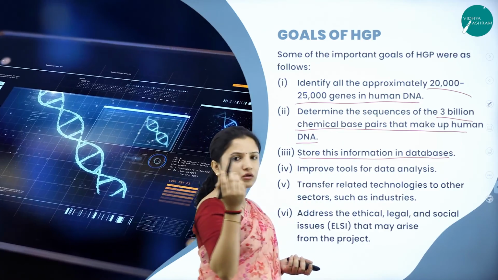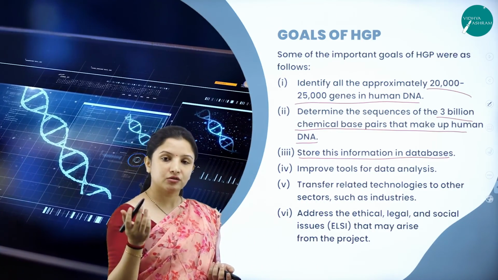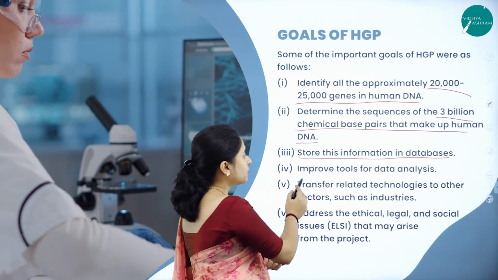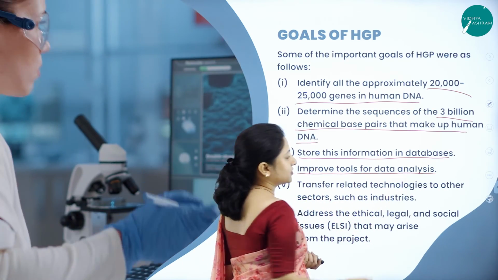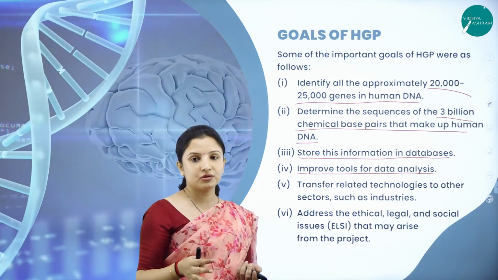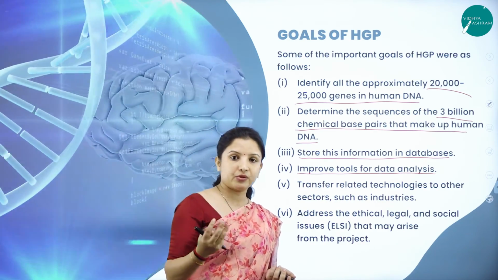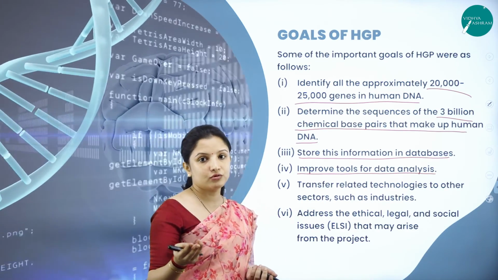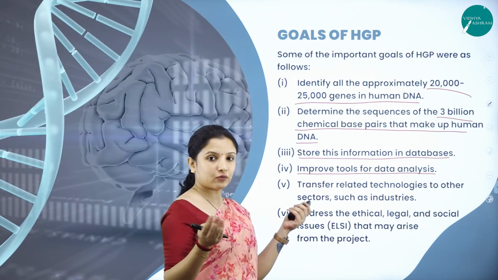Now there are a lot of websites available which store information in the form of databases, and also to improve tools for data analysis. So how to interpret that data, for that also there are various tools that are pre-programmed in the computer or apps developed for that. Improving those genetic tools was also their aim.